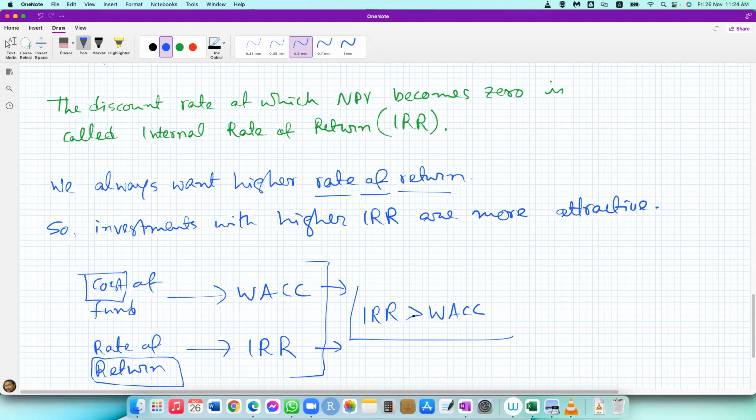Just like NPV, which must be positive, the criteria that must be satisfied is that internal rate of return must be greater than weighted average cost of capital to accept the project. Accept any investment project. Got it?